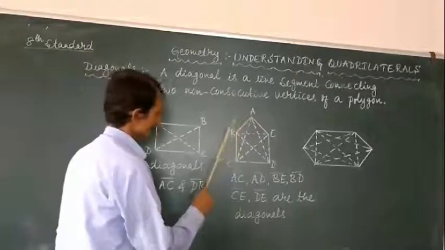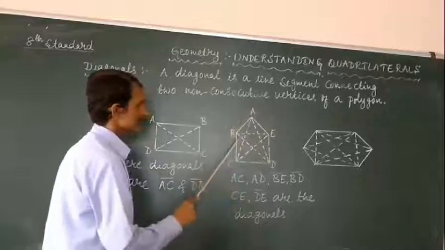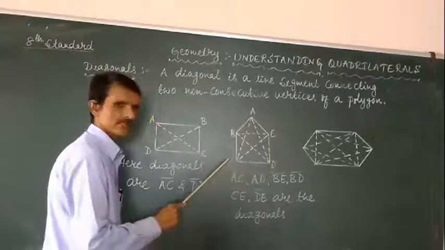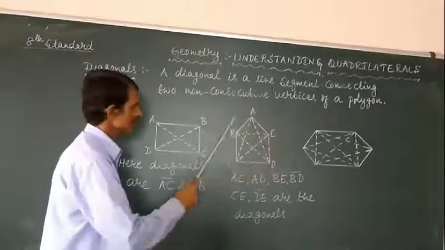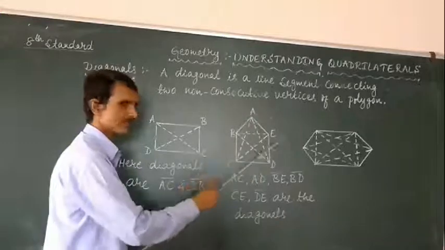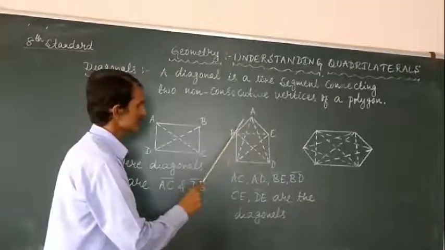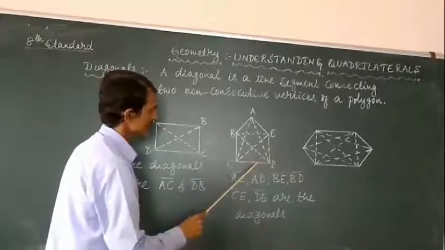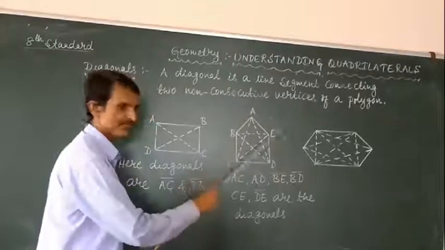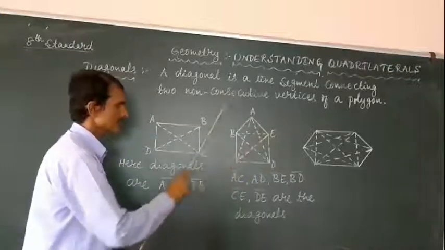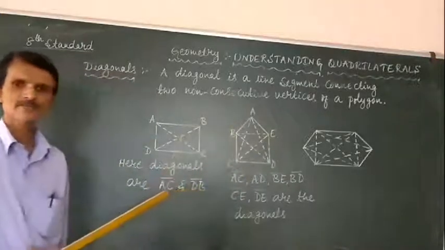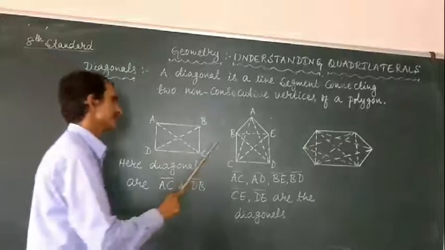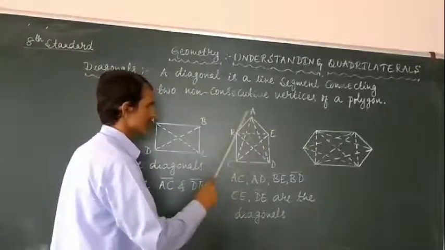In the second figure, this is a polygon. Students, shall you name this plane figure? On the basis of the sides, it has 1, 2, 3, 4, 5 sides. So what do you call this polygon? Yes, it is a pentagon.